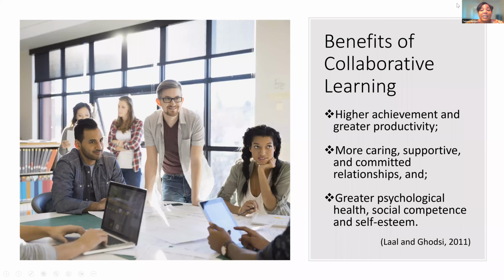Collaborative learning has a lot of great benefits. Some of the benefits are that it offers higher achievement and greater productivity. It teaches students how to become more caring, supportive, and committed, have committed relationships, and greater psychological health, social competence, and self-esteem.